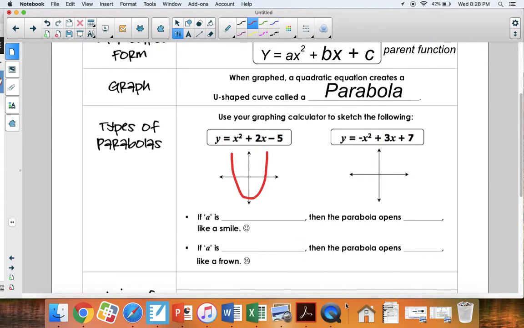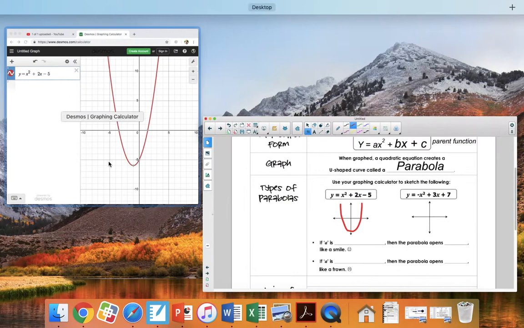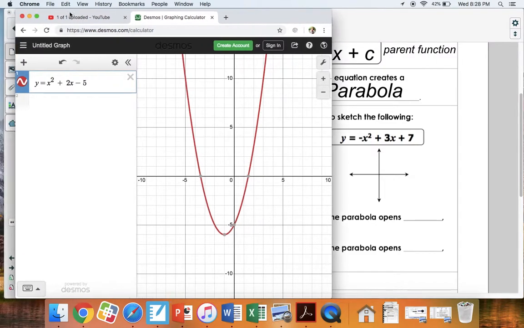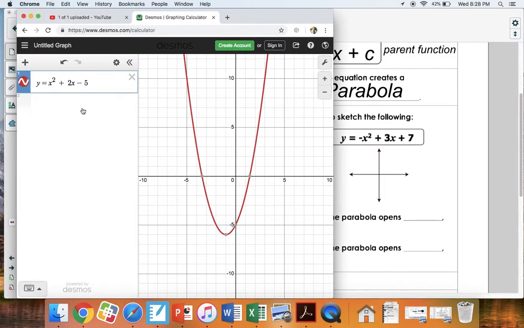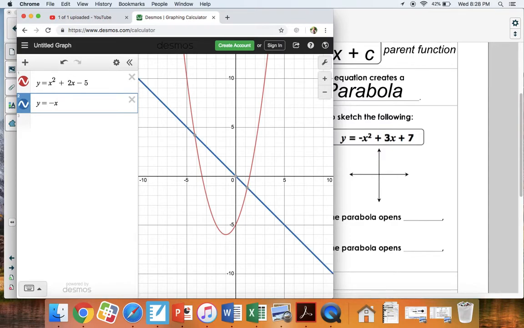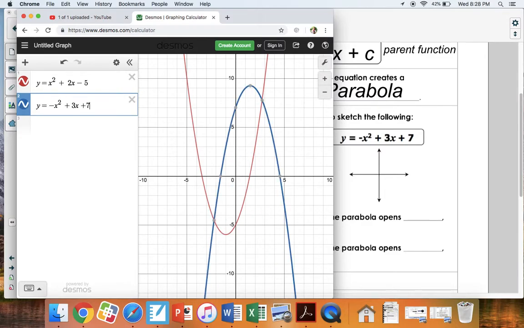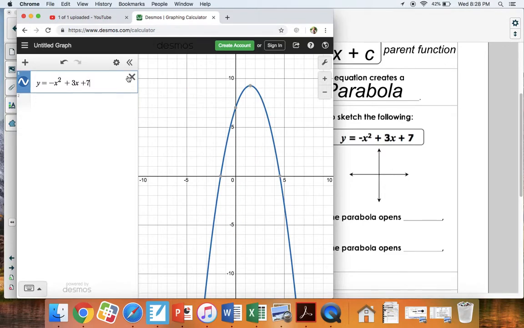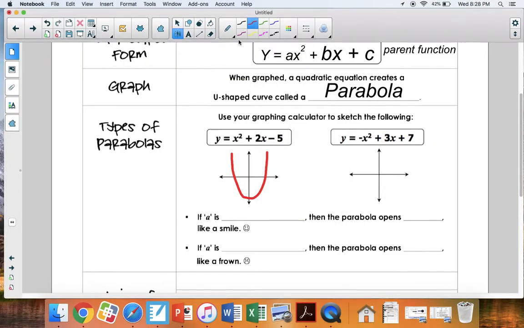If I change this to y equals negative x squared plus 3x plus 7, you'll see that my blue line is now a big frowny face. So I can get rid of this red one for a second.